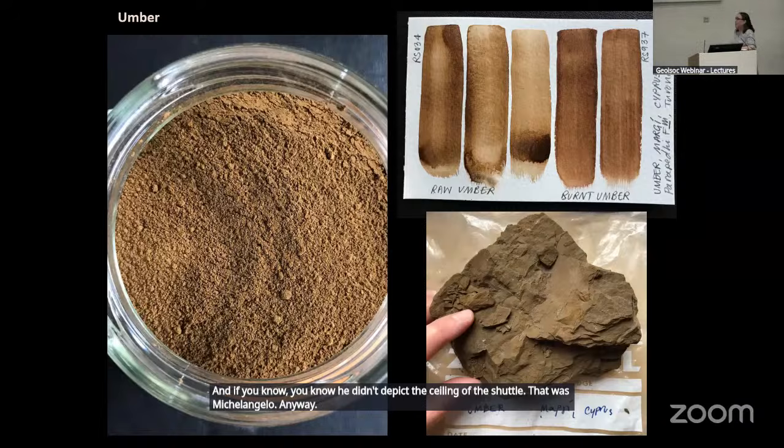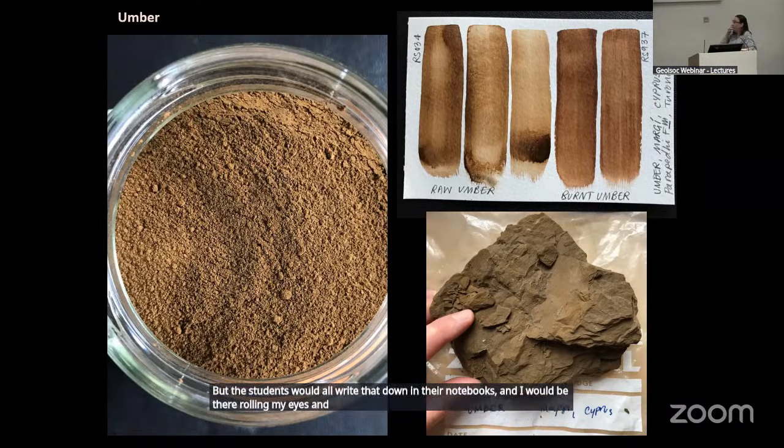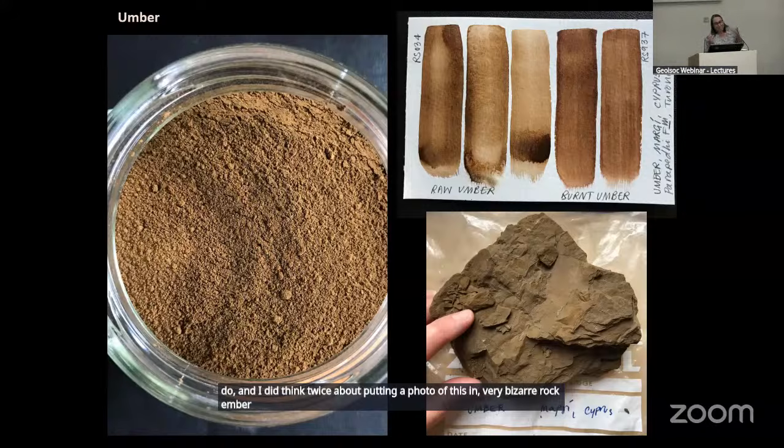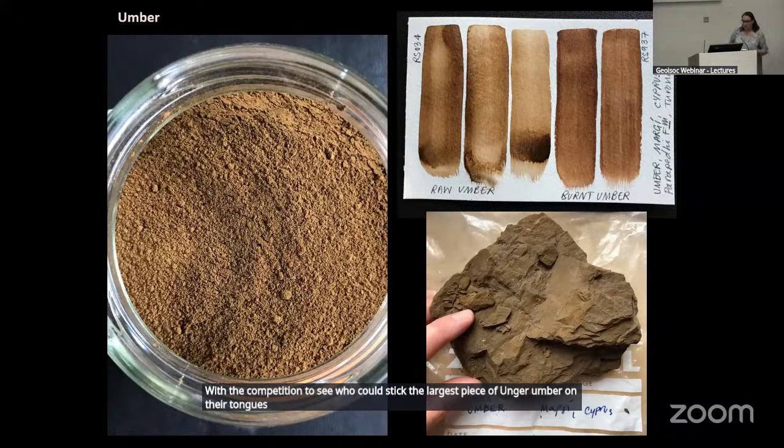But the students would all write that down in their notebooks, and I would be there rolling my eyes and collecting it. The other thing we always used to do, and I did think twice about putting a photo of this in, very bizarre rock, umber, was a competition to see who could stick the largest piece of umber on their tongue. The winner had a piece like this.